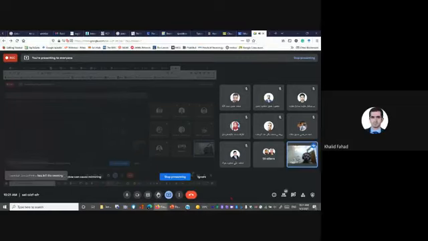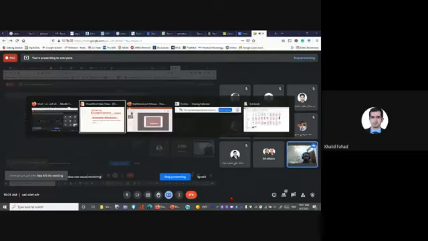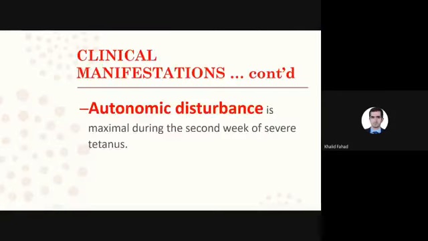So in the second week the patient may have arrhythmia, hypertension, hypotension, abdominal distension, and urinary retention. A patient with tetanus should be admitted to the intensive care unit with close monitoring of his vital organs.